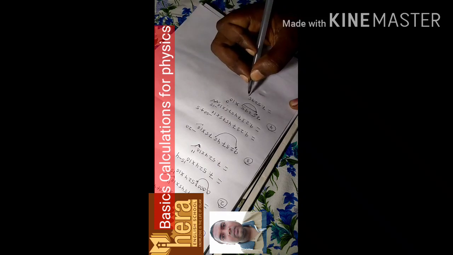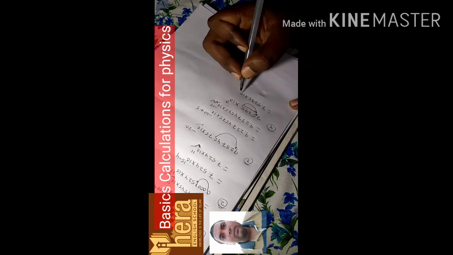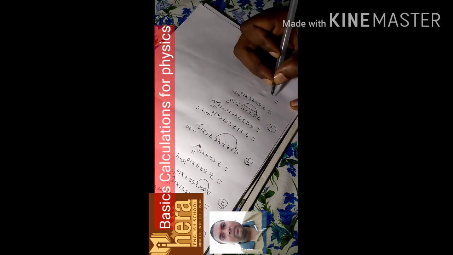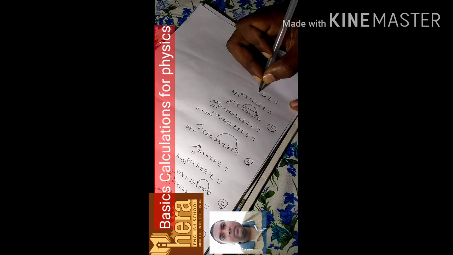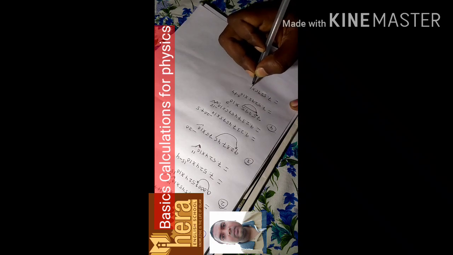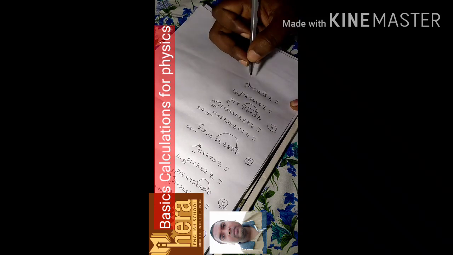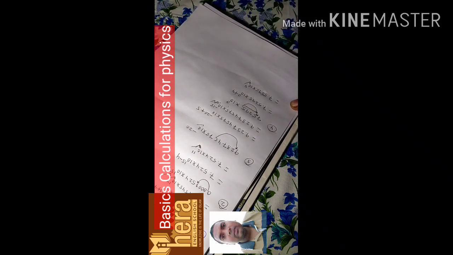So it is into 10 raised to 0 plus 4. This will be equal to 7.5295 into 10 raised to 4. Now this number is in scientific notation.